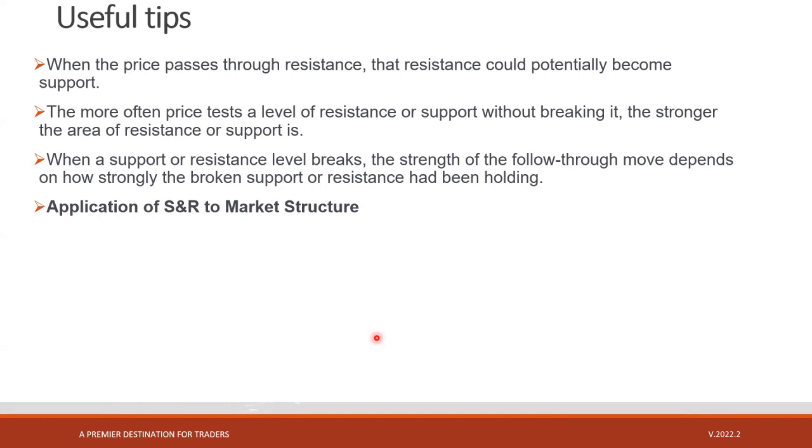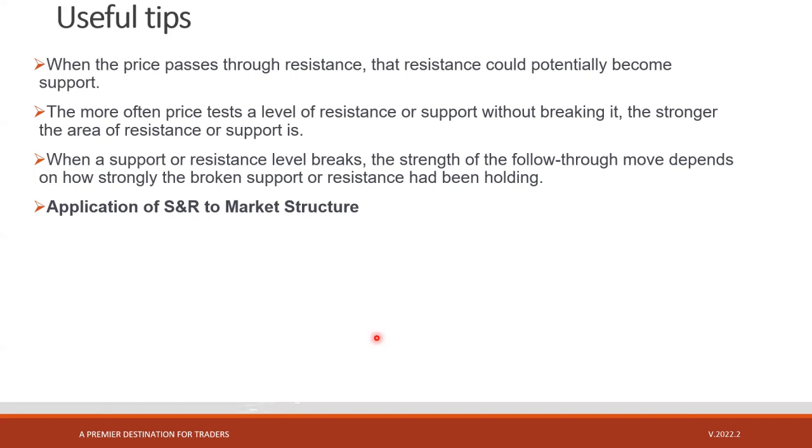No. It means if we find confirmation that if that area holds, it's going to be a bigger rejection, or if it breaks, it's also going to be a bigger break and a bigger follow-up. So the more touches or the more an area has been tested, the stronger that level is, and the market is going to react around that level. Now, when the support or resistance level breaks, the strength of the follow-through depends on how strongly the support and resistance has been holding, which is just what I said here.